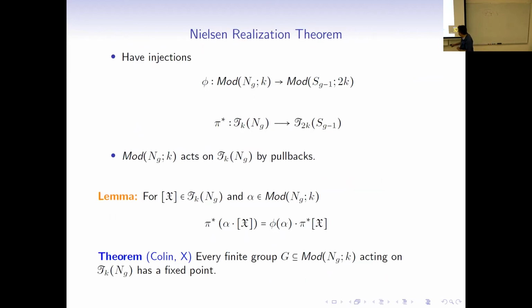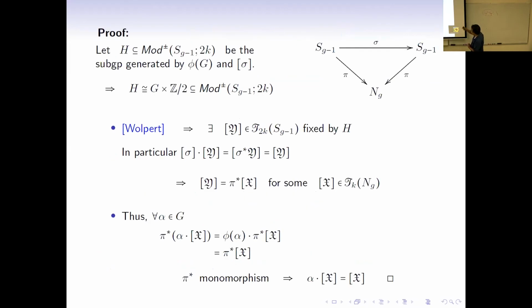So you start with a finite group here, and you lift it to the mapping class group of the surface upstairs. And then you think of the group generated by the image of G and the class of the involution sigma.